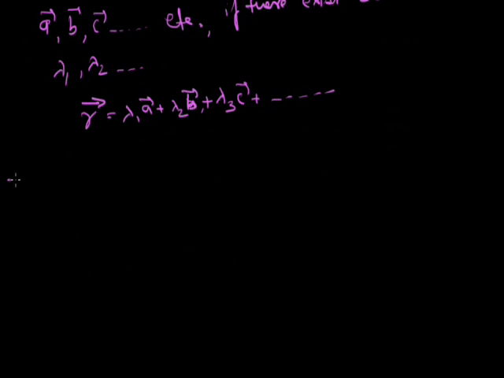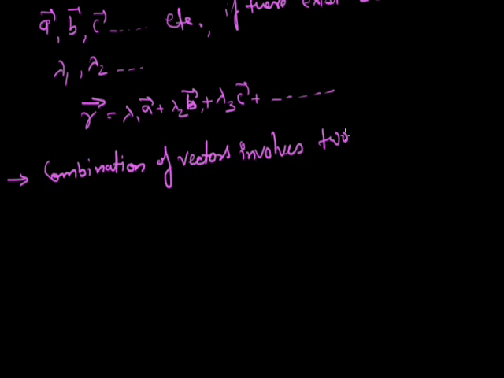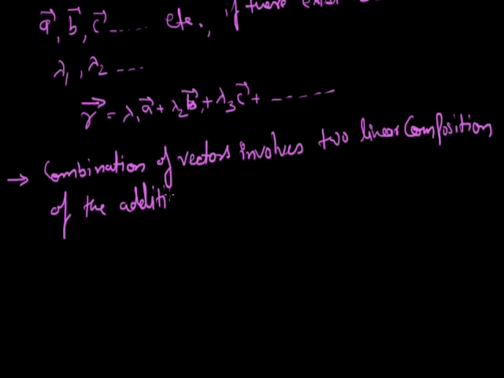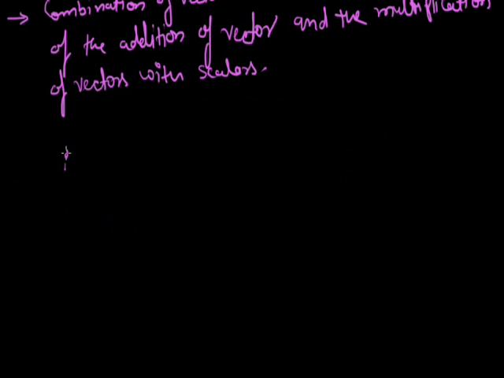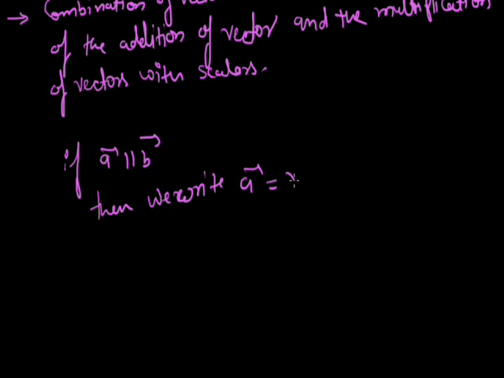The linear combination of vectors involves the addition of vectors and the multiplication of vectors with scalars.